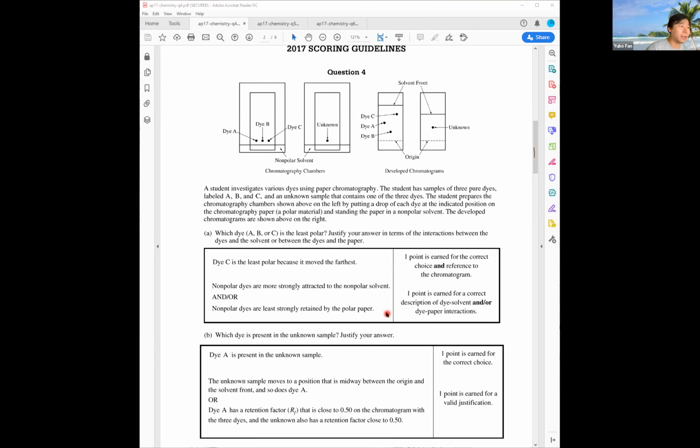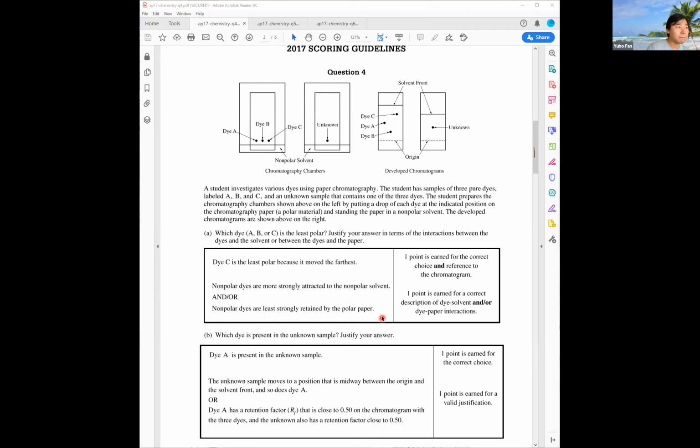That's why they can move faster. Or you can say nonpolar dyes are least strongly retained by the polar paper. But I think the last sentence is probably the best explanation. You say these nonpolar dyes are least strongly retained by the polar paper.